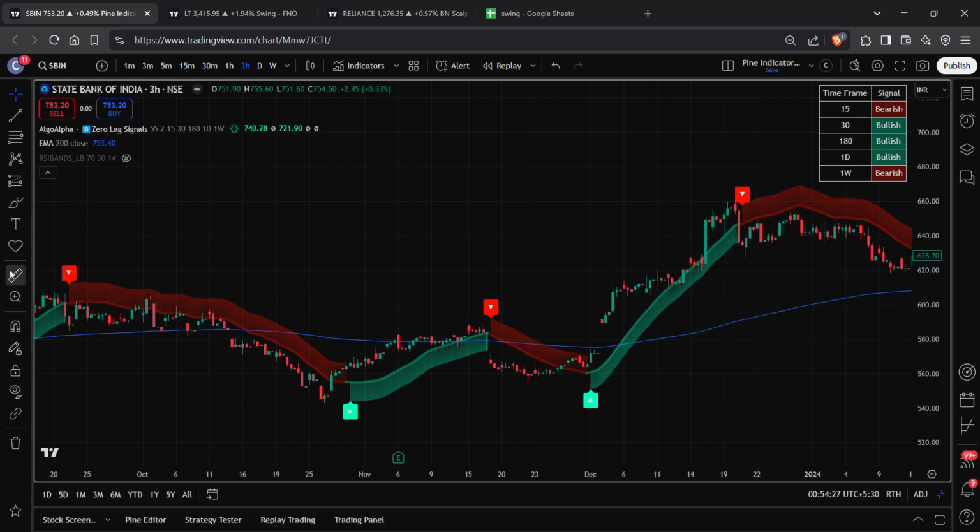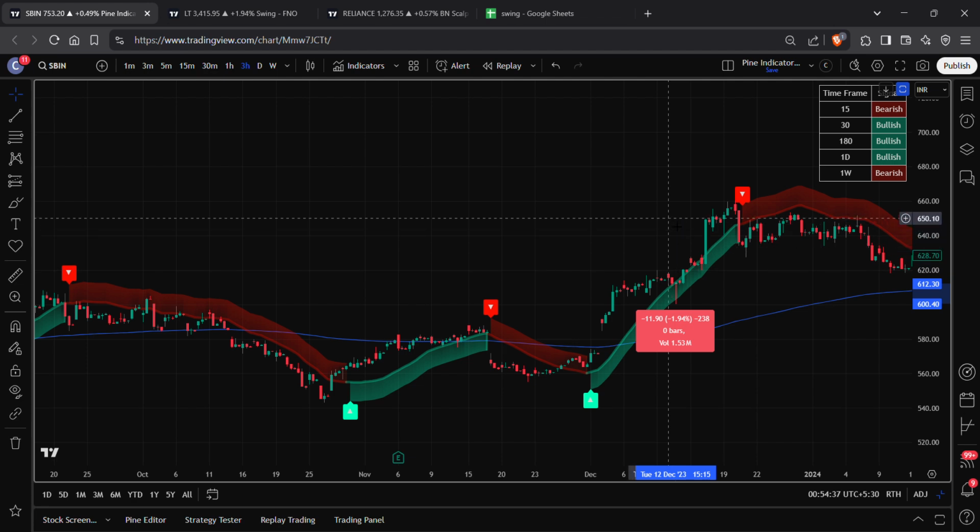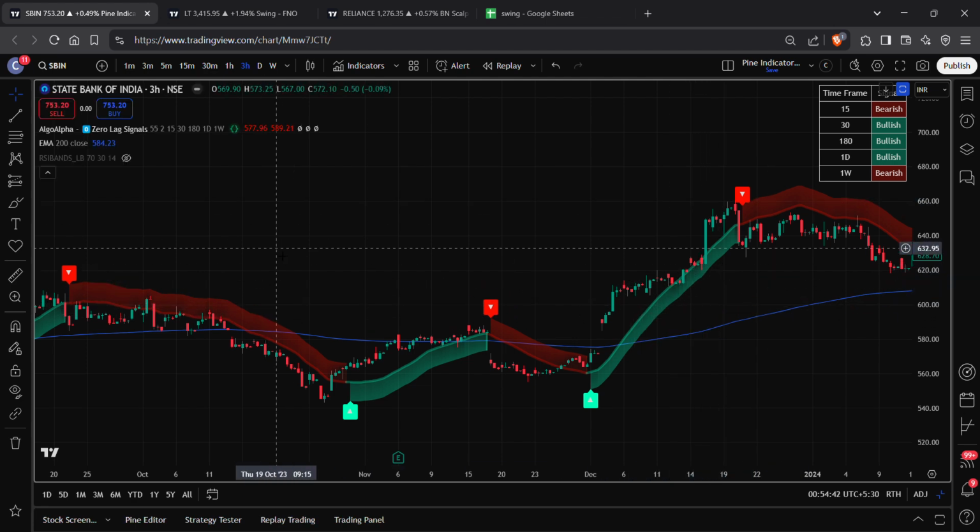As simple as that. So this is your entry, and this is your stop loss, which is around 2% probably. You can expect 2 or 2.5 or 3 or even 4%. So this should be your target.